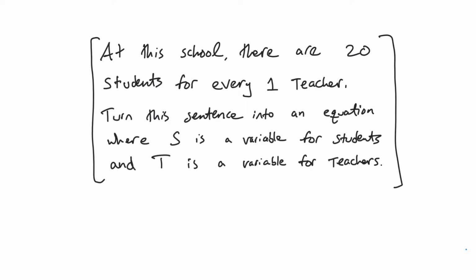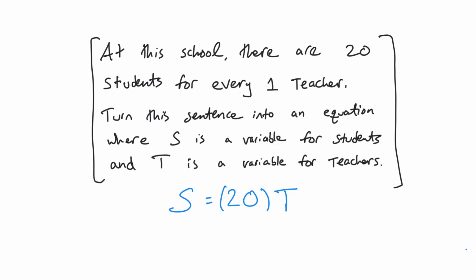So the answer is that the variable, capital S, that represents students is equal to 20 times T. And if you got that backwards, if you said T is equal to 20S, you might have been thinking of these letters S and T as units instead of what they really are in this question, which are variables.